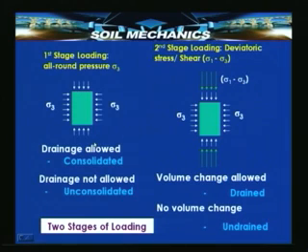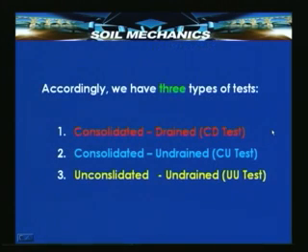So the first stage has two possibilities, the second stage has also two possibilities, and combining the two we have four different combinations, out of which one is not realistic, and therefore we normally use three combinations of the first and second stage loadings.